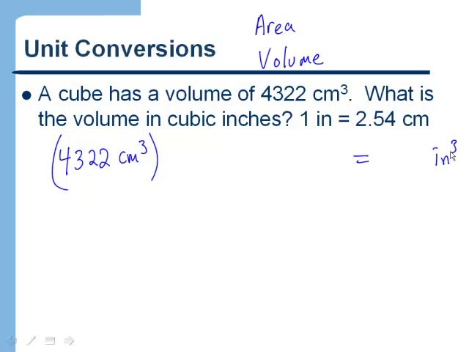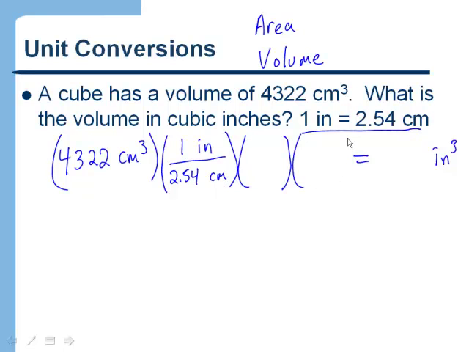But here we have to be a little bit careful because the conversion we have is between centimeters and inches, not centimeters cubed and inches cubed. So the common mistake students make is they write 1 inch over 2.54 centimeters and they think they're done. But you'll notice we're not done because we only have centimeters, not centimeters cubed on the bottom. We actually have to apply that conversion 2 more times.